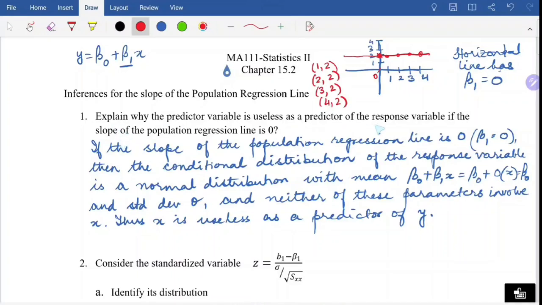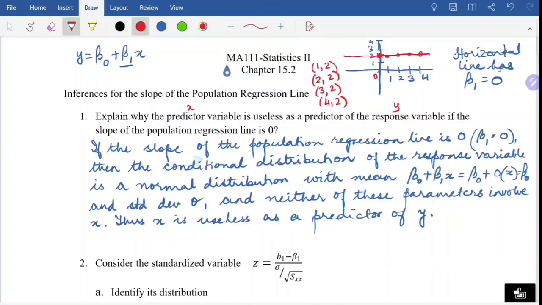So let's look at this question here. It says, explain why the predictor variable, the x variable, is useless as a predictor of the response variable, which is the y variable, if the slope of the population regression line is 0. Now I have the answer written out here, so I'm going to read it aloud and explain a little bit.